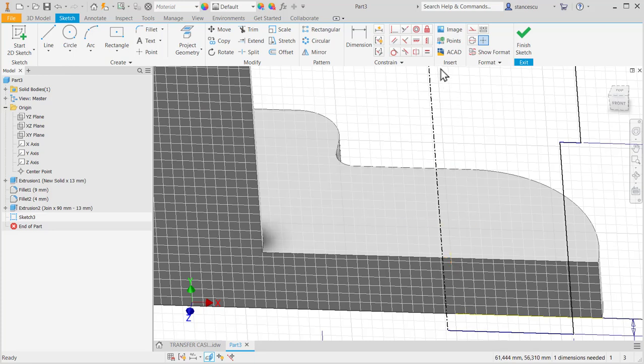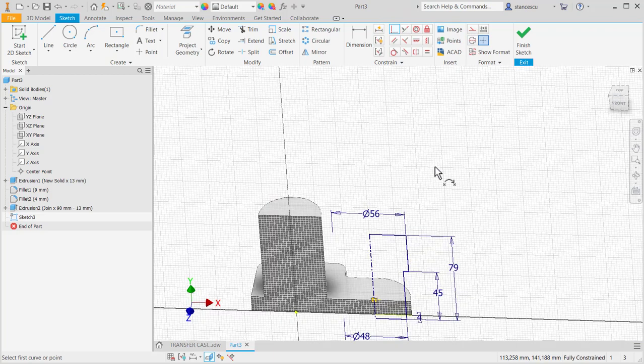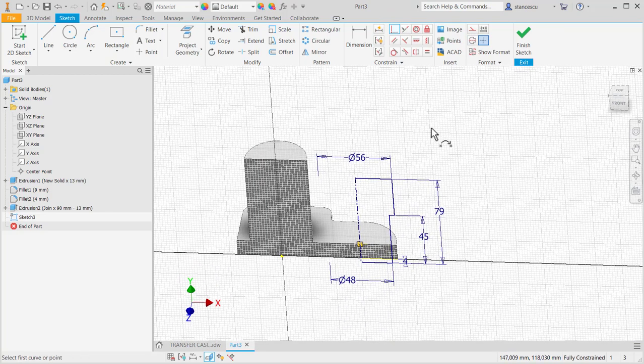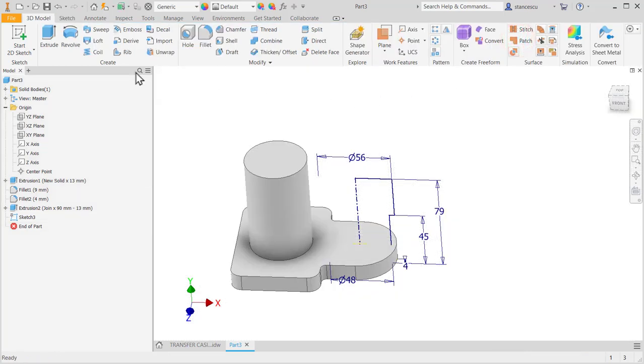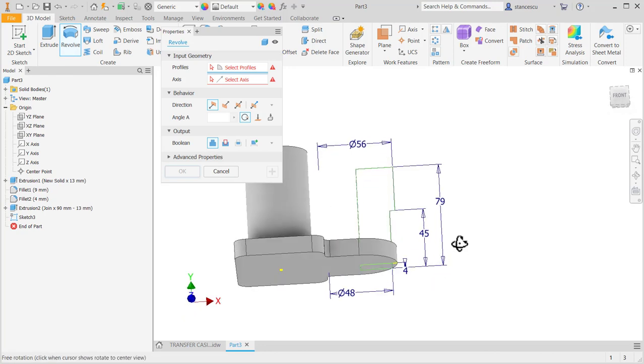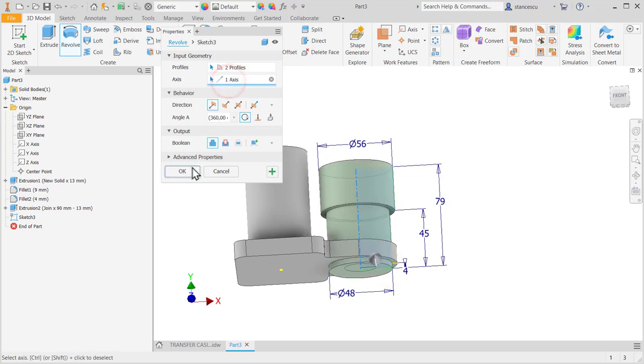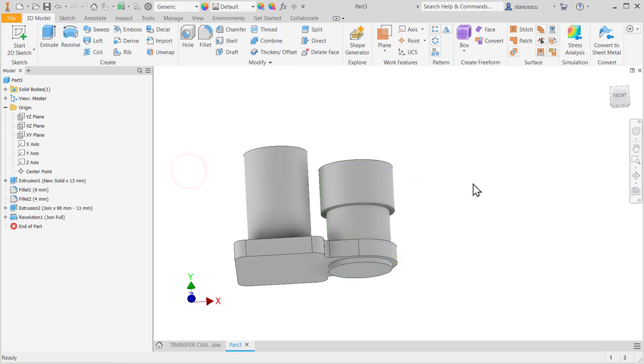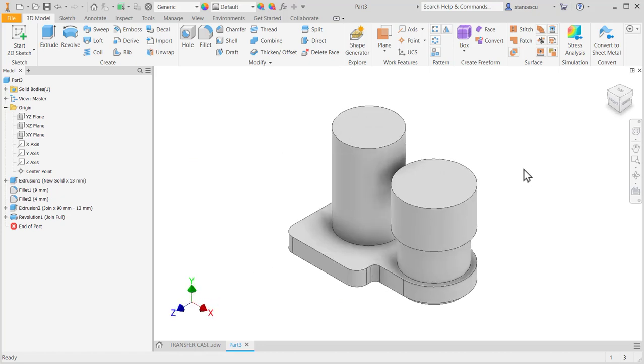This is the point, and to apply coincident. Now, fully constrained, finish sketch, revolve all this, axis is known, okay, good.